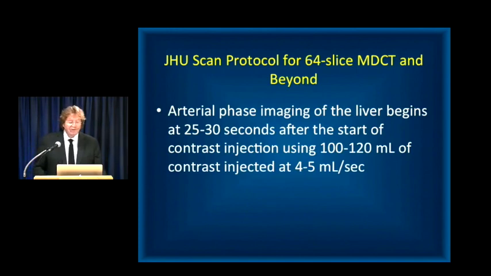Now, when we do arterial phase imaging, there were some articles written about early and late arterial phase. One article showed things to be a lot better in early arterial phase, but it was only one article. Reality is most people think about arterial phase as about 25 to 30 seconds after the start of injection of contrast material. We routinely inject at 5 cc's a second. For a patient with good cardiac output, a 30-second delay works well.